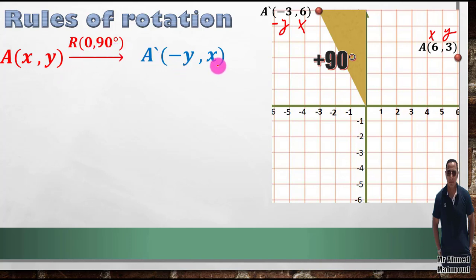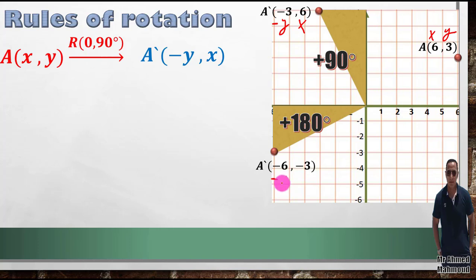Also another example, back to this triangle. If I rotate this triangle 180 degrees like this, the point A appears in this position. A here equals negative 6 and negative 3. By comparing this point, negative 6 and negative 3, with 6 and 3, we have here 6 and here we have negative 6, so this is negative x.